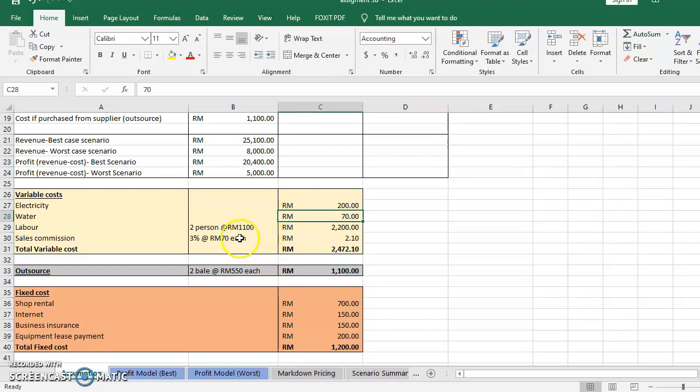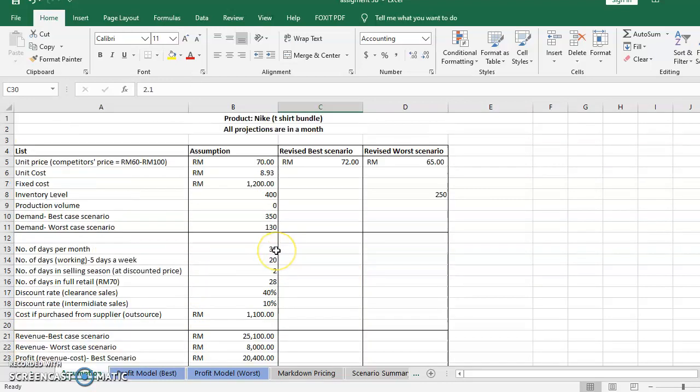I only hire 2 persons and their salary is 1,100 each, which costs 2,200 ringgit per month. I also give them sales commission at 3% for each sale, which is 70 ringgit each, which costs 2 ringgit and 10 cents.